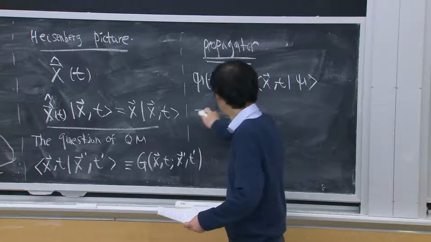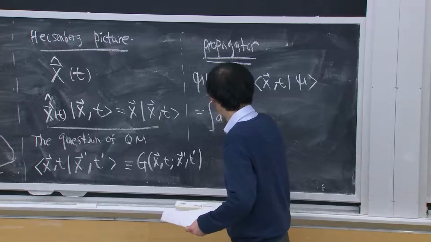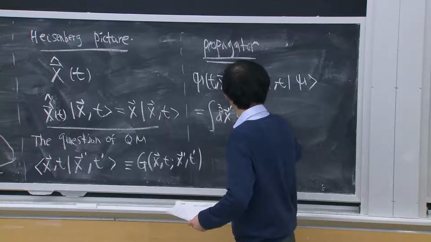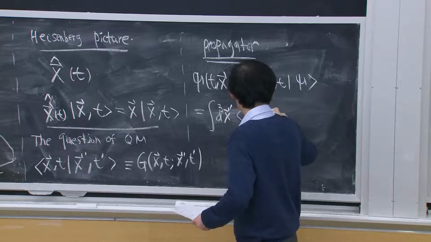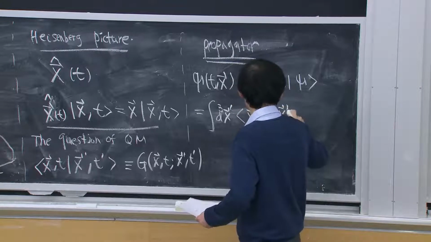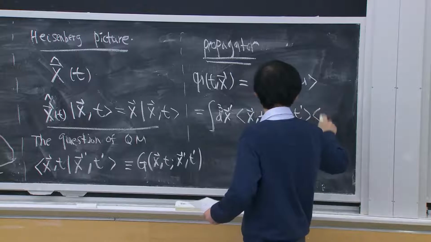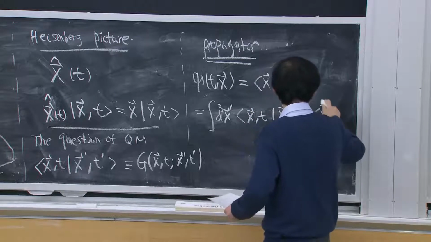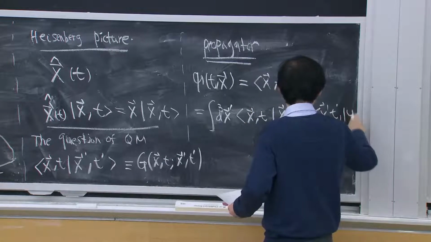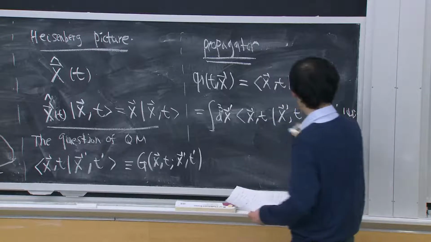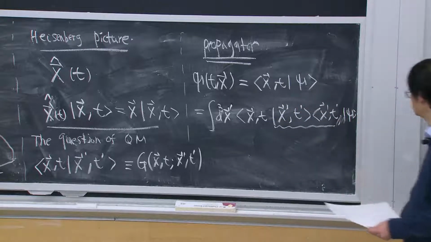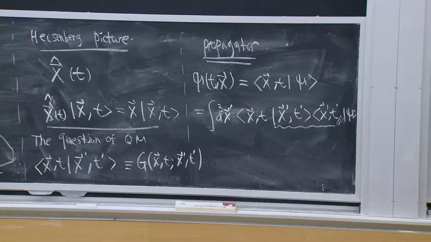Now we can insert the complete set of states, which is just the identity.